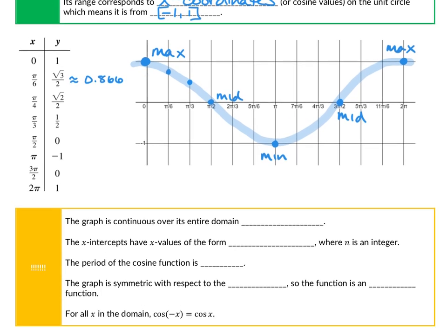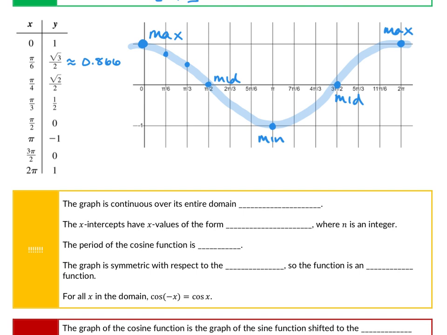Some facts about cosine here. It is also continuous on the entire domain from -infinity to +infinity, so all real numbers. You can plug any angle value in there and it will work. The x-intercepts have x values of the form pi over 2 plus pi times n.